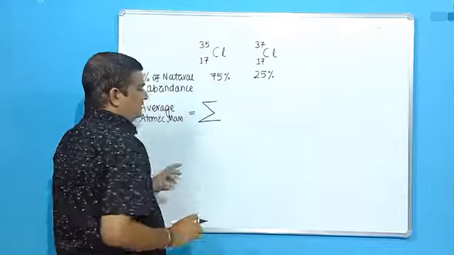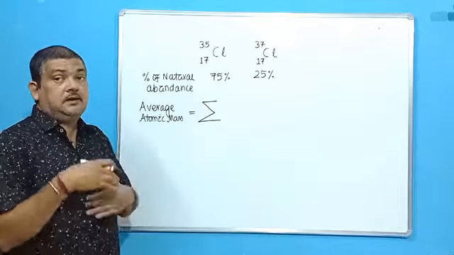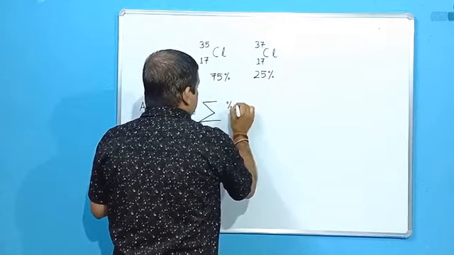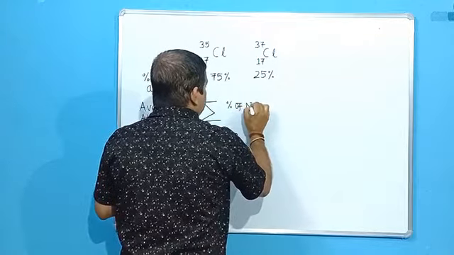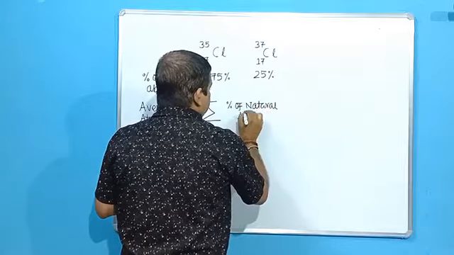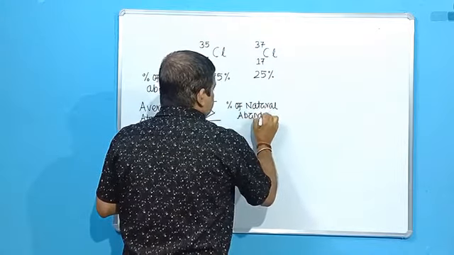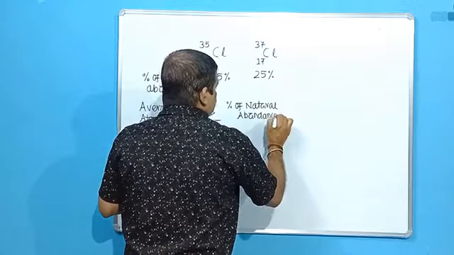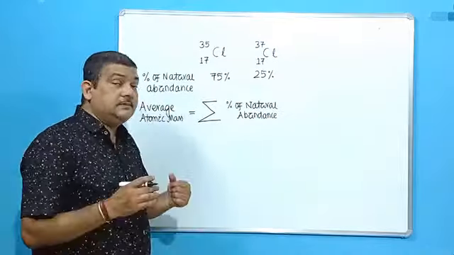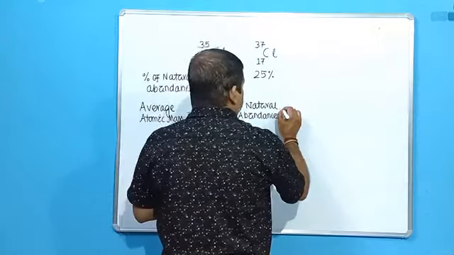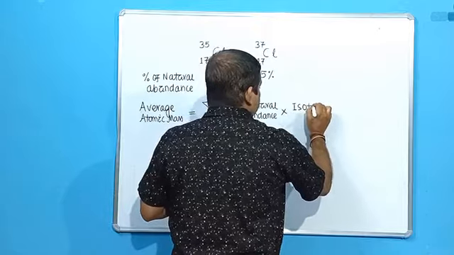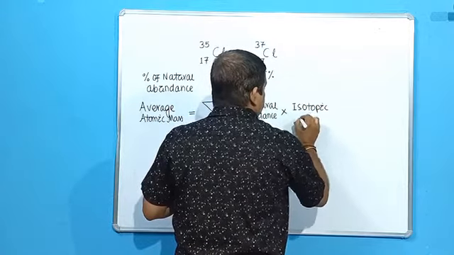It is the sum of, this symbol means summation, the percentage of natural abundance, in which percentage they are available in nature, multiplied by the isotopic mass.